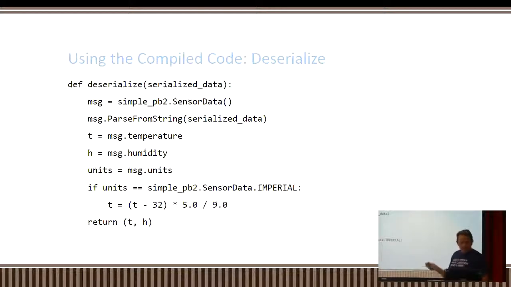On the other end, the receiver of this data gets the serialized chunk. Again, they create a simple SensorData object, call ParseFromString, and then they can access the fields to do whatever they want. Again, if the sender hadn't sent, say, a temperature, when I read the temperature here, I would just get the default value, which for numeric values is typically 0.